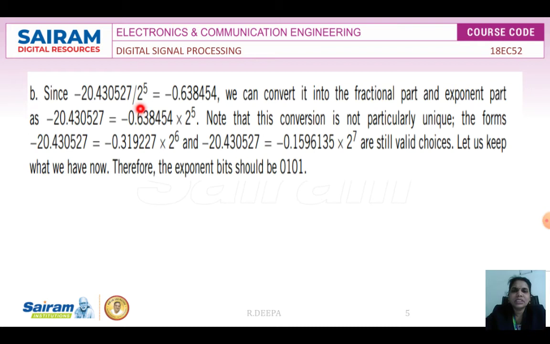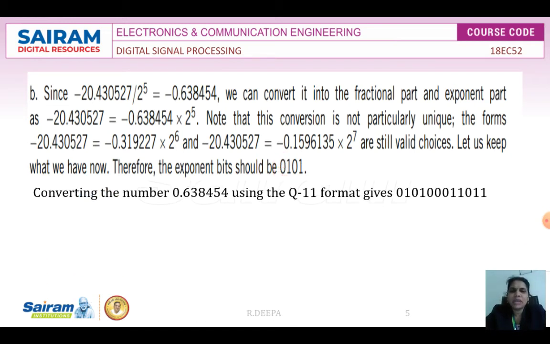The best choice, if you observe, is 2 power of 5, where we get the maximum fraction for the mantissa, and the exponent is 2 power of 5. If you convert this exponent into the equivalent binary number, we get 0101. Now the mantissa has to be converted to the Q11 format.